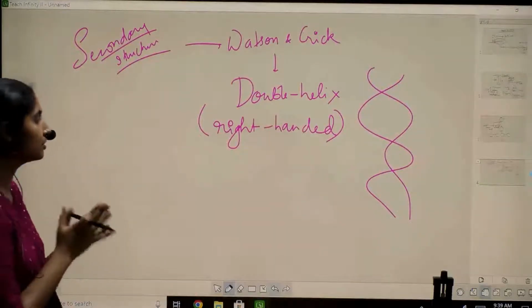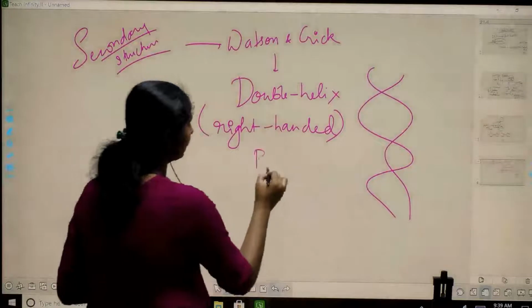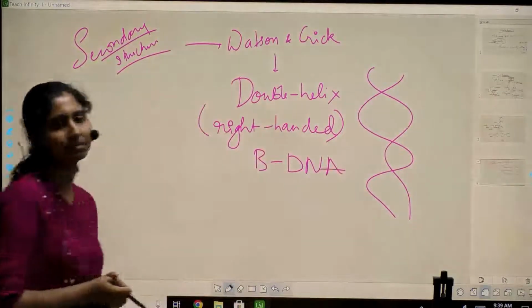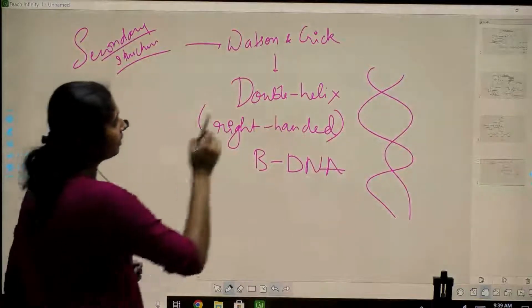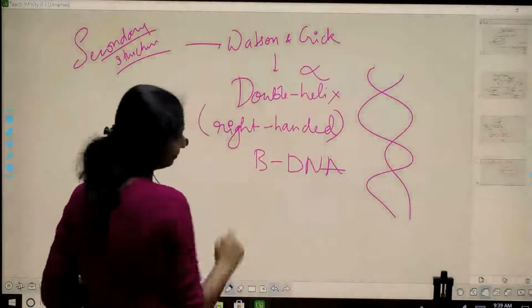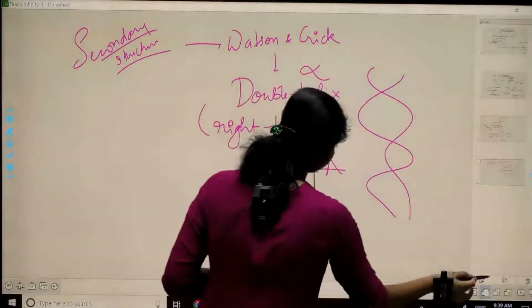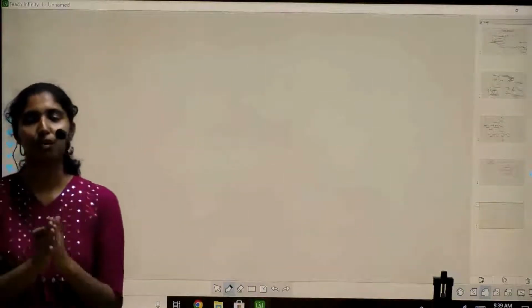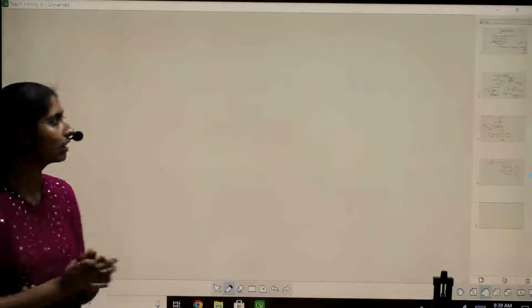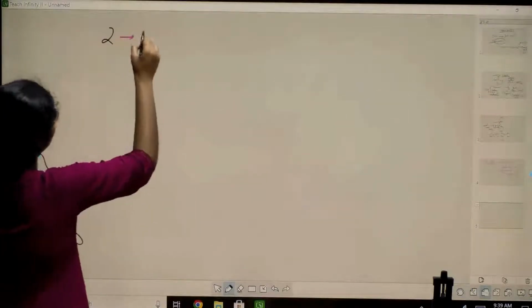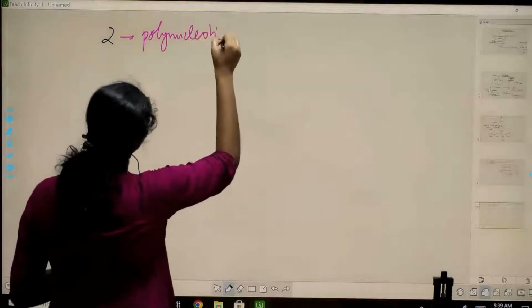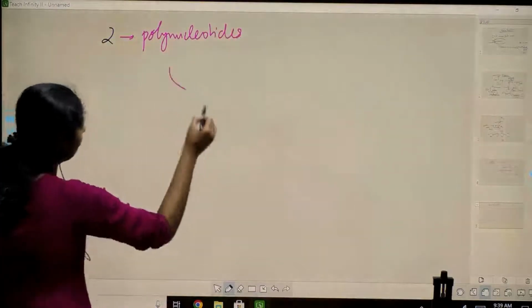The conformation that we have to study is B-DNA, and B-DNA is again a right-handed helix. Okay. It's a double alpha helix. Now this alpha helix conformation is formed by two polynucleotides that are participating in the double helix structure.